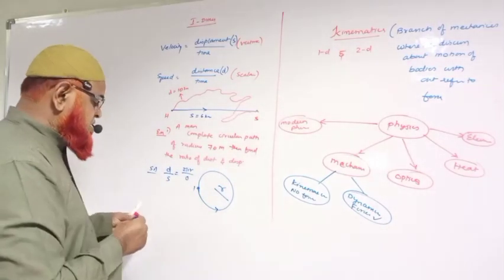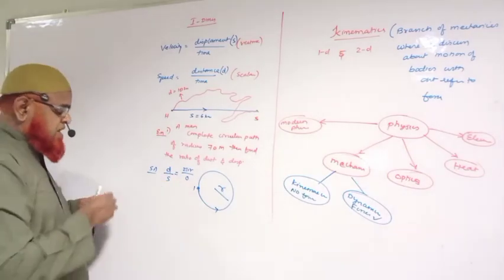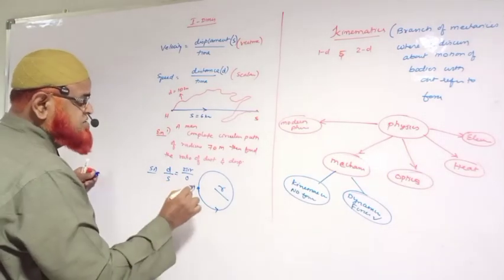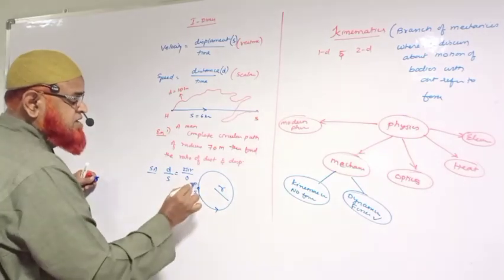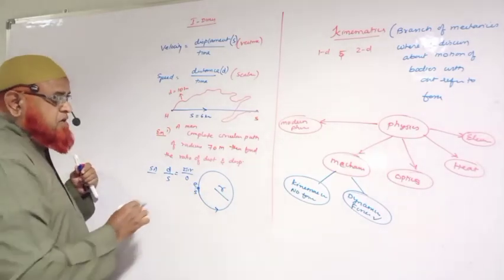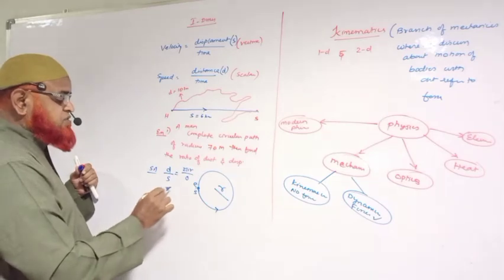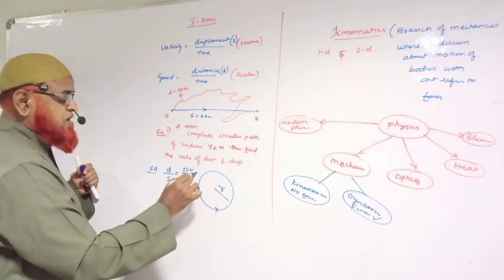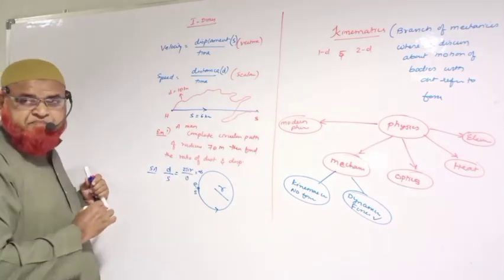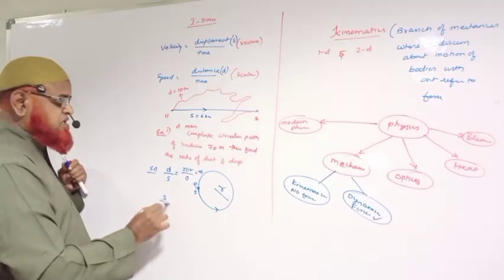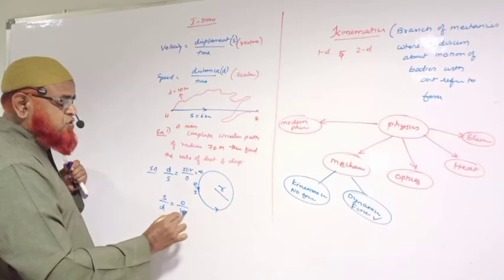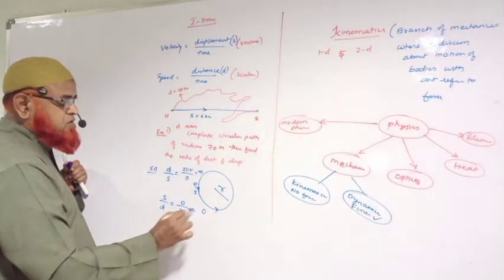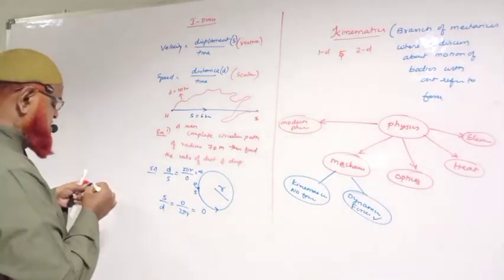And here, if you observe, the starting point is the same and the ending point is also the same. For example, this is the starting point and this is the same ending point here. So your answer is going to be how much here? Sometimes you are asked for the ratio of displacement and distance, then you write 0 by 2 pi r, which is equal to 0 here. This is the first question.